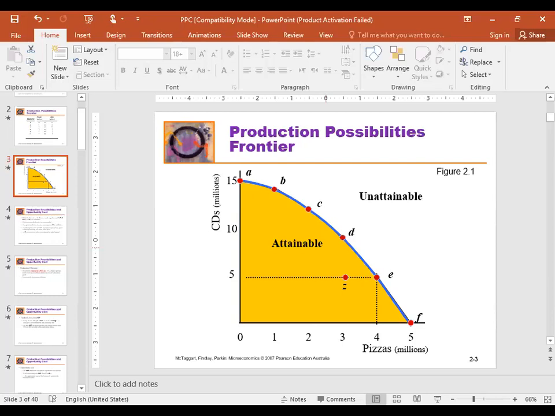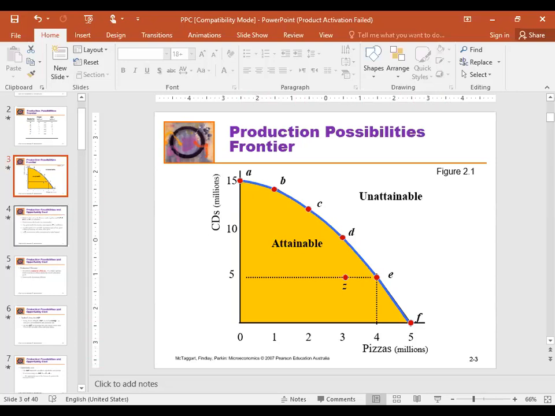When you produce more of one good, you have to give up some of the production of the other good. This is your trade-off. That's why the slope of the curve is downward. It's a negative slope, showing a decrease in the production of one good in order to increase the production of the other good. This is what your production possibilities frontier or curve shows you.